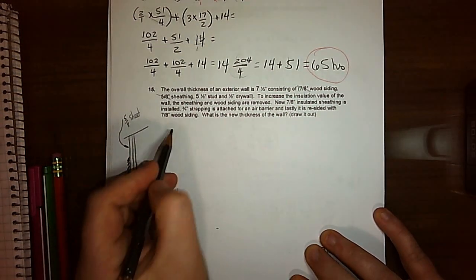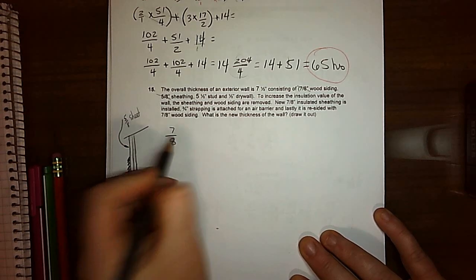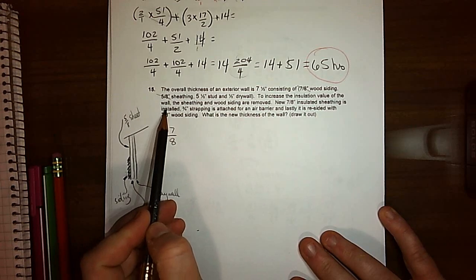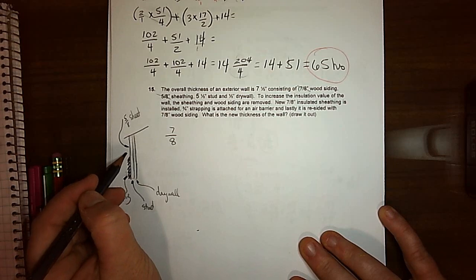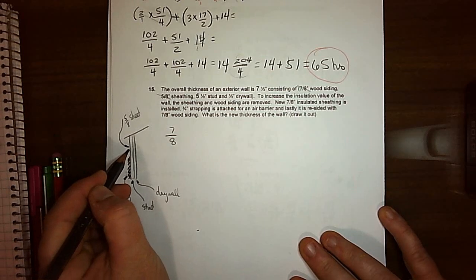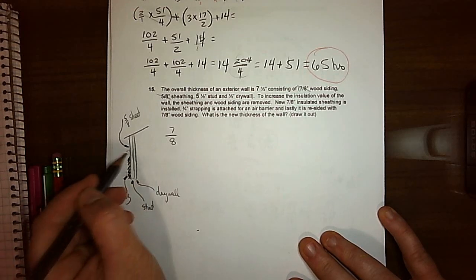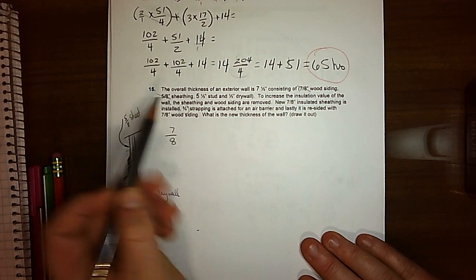But new 7/8 is going in. They're also putting in 3/4 inch strapping. The 3/4 inch strapping is going to go on the outside and then be resided, right? So I have to add in 3/4.